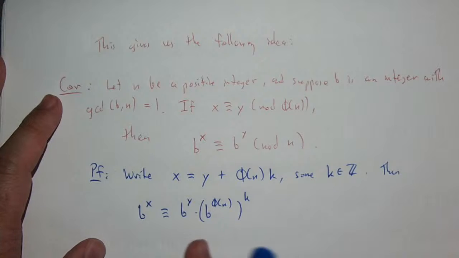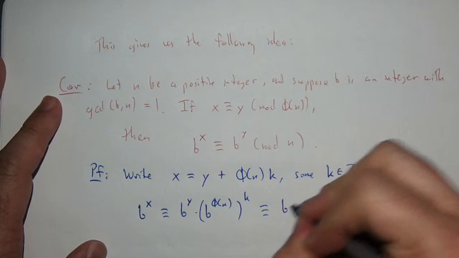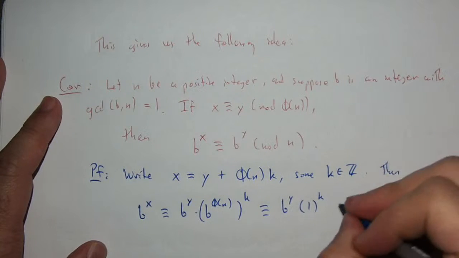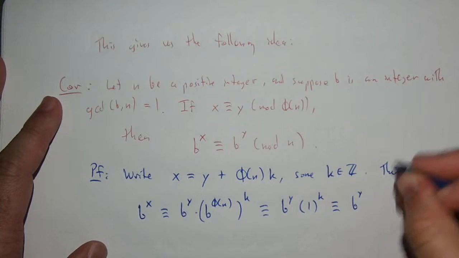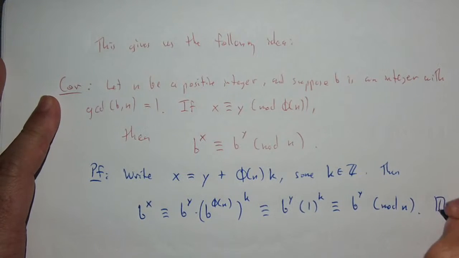But you know where I'm going with this. By Euler's theorem, mod n, this is congruent to 1. So this is congruent to b to the y times 1 to the k, which is congruent to b to the y mod n. And so that's it.